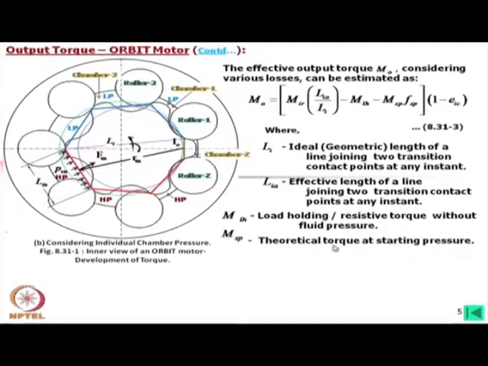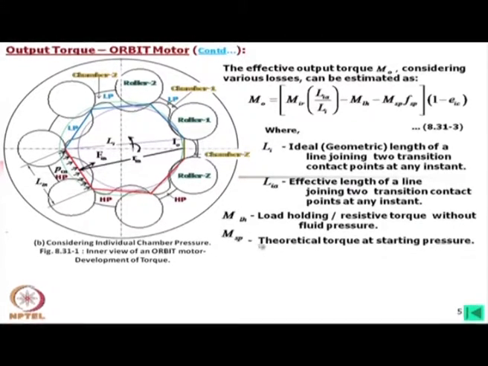Next, we consider the theoretical torque at starting pressure. That means we are giving a pressure, but still it is not moving. So when pressure is acting on these machines without moving, that is the load holding part.